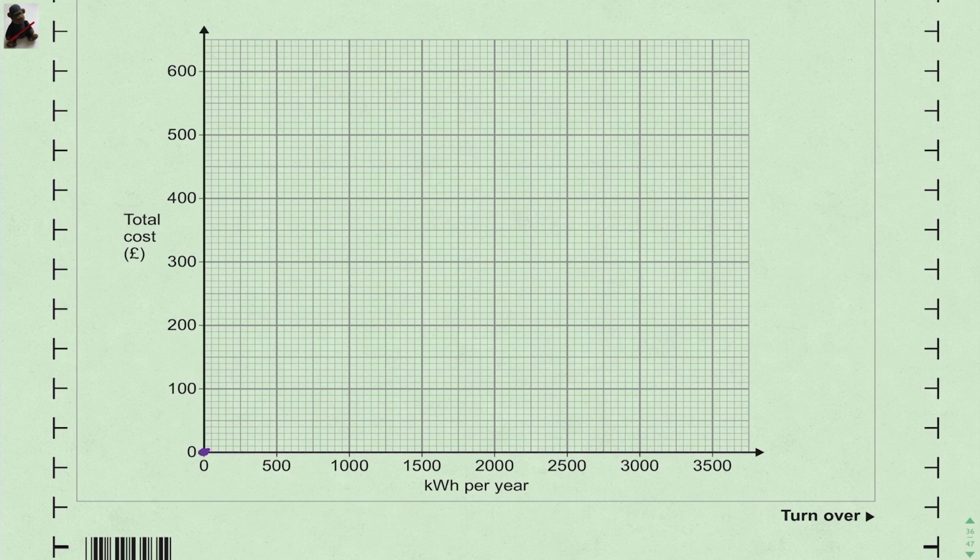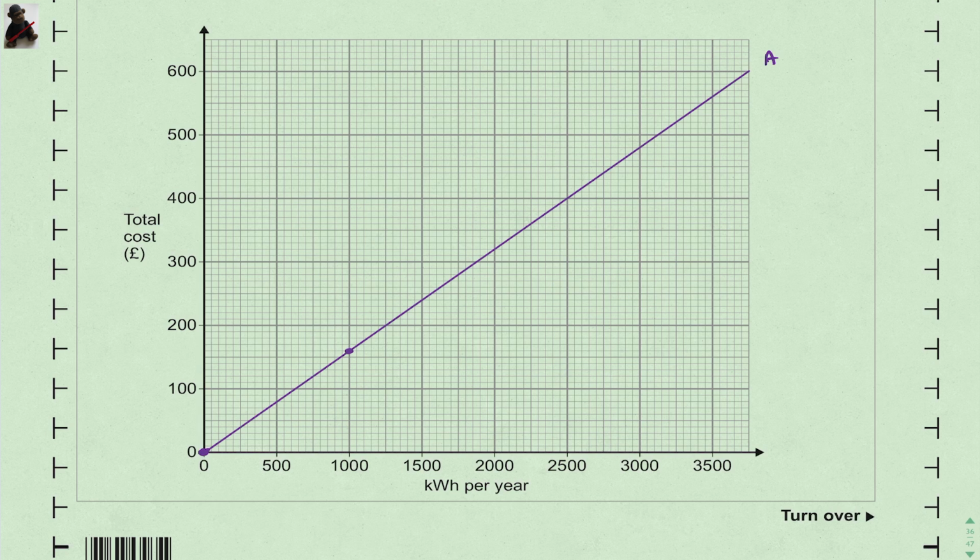So that's 1000, 160 here. So we can draw that straight line. Let's make sure it goes through the point. Right, so that's the first equation. That's tariff A.